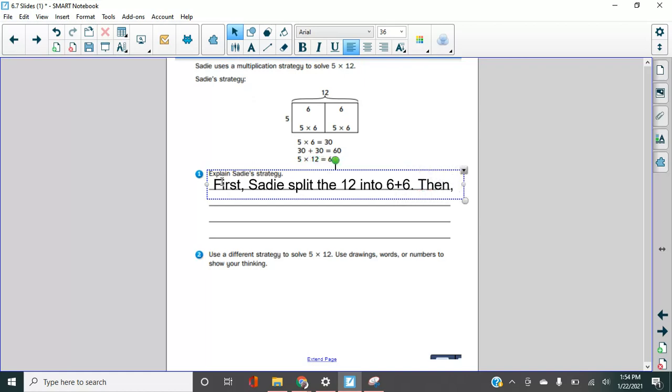Then, well, you tell me, what did she do then? Then she multiplied. Is that what you said? 5 times 6 and 5 times 6. She did her 2 parts.